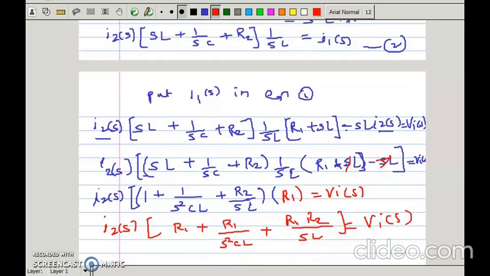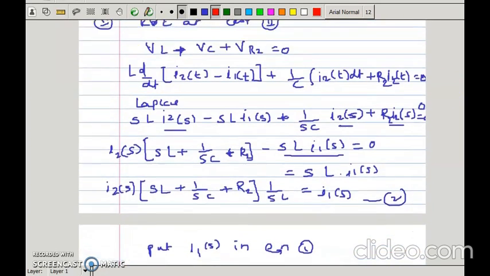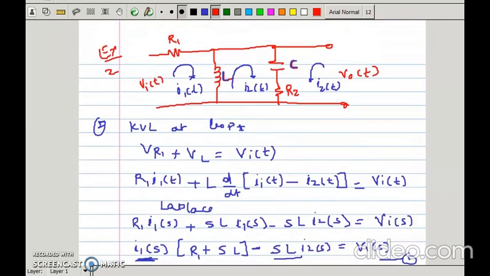Okay, let's apply KVL at loop number 3. In loop 3 there are two components, capacitor and R2, right? Let's apply KVL.